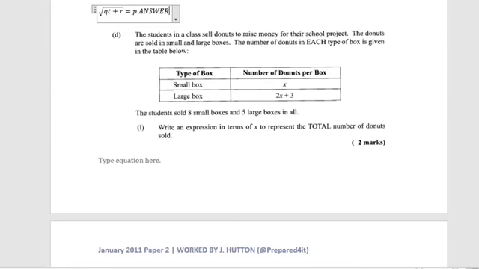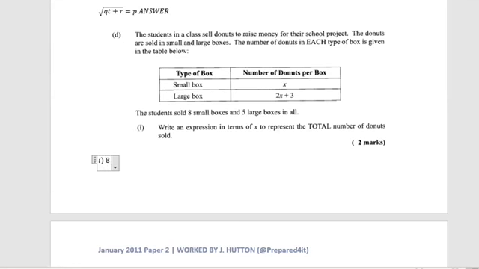So they're telling us that a small box contains x amount of donuts, and a large box contains 2x plus 3 donuts. It says the students sold 8 small boxes and 5 large boxes in all, and part 1 requires us to write an expression in terms of x to represent the total number of donuts.